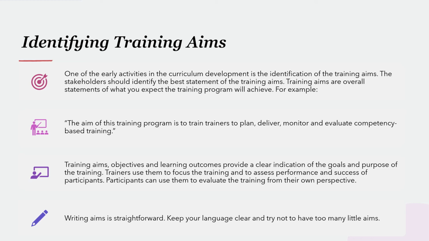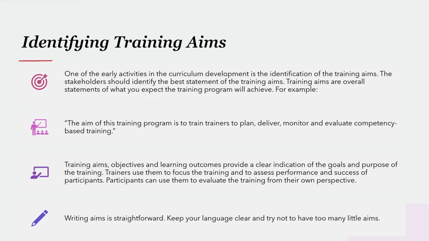So for example, the aim of this training program is to train trainers to plan, deliver, monitor, and evaluate competency-based training. So in your case, no, since you already have your chosen qualifications, you can already start to conceptualize your training aims in accordance with your assigned qualification.